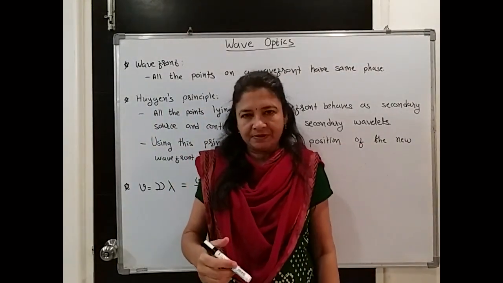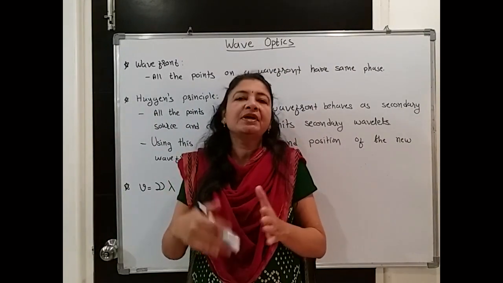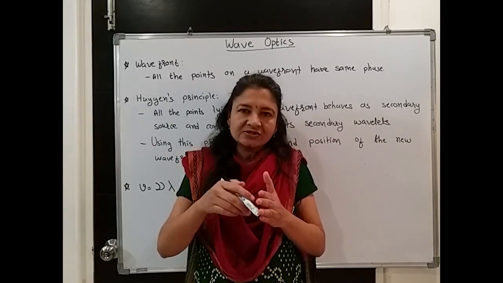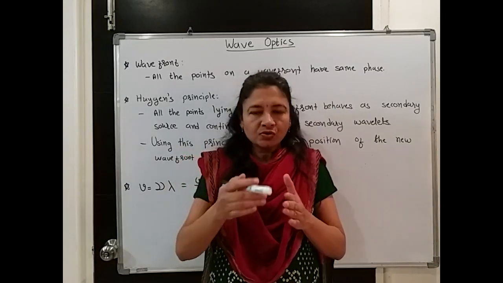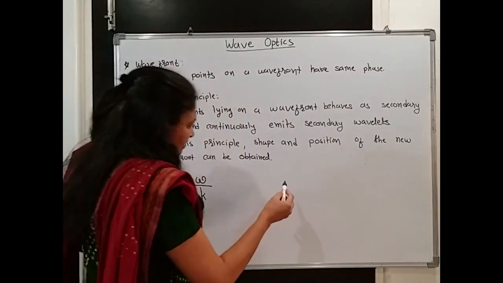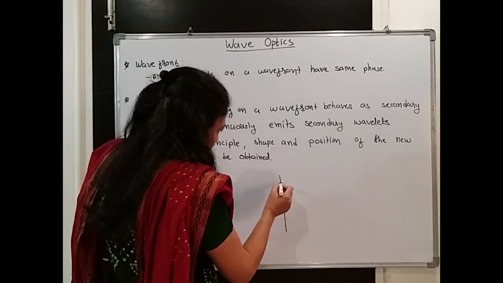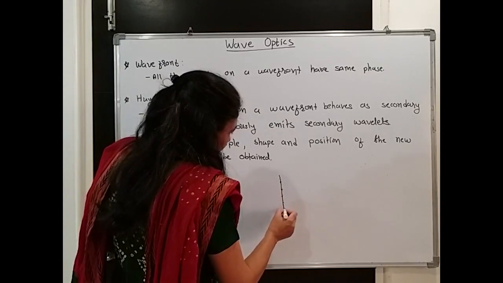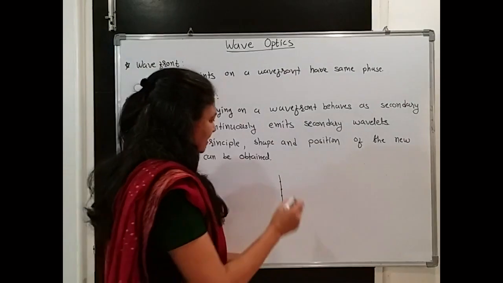According to this principle, all the points lying on the wavefront behave as secondary sources, and all these secondary sources emit secondary wavelets. So, suppose I have a plane wavefront. Then all the points lying on this wavefront will continuously emit secondary spherical wavelets.